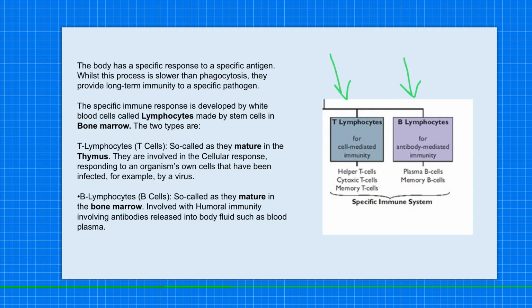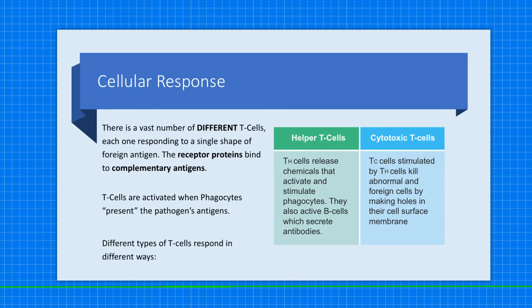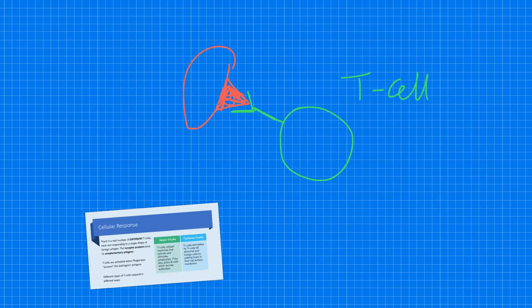So the first thing we're going to look at is the involvement of T cells in the cellular response. There are a vast number of different T cells, and each one responds to a single shape of a foreign antigen. The receptor proteins bind to complementary antigens.